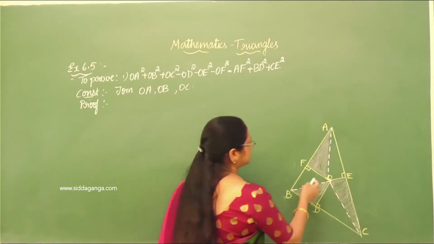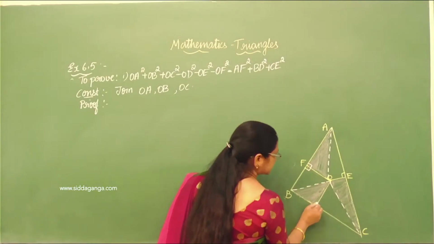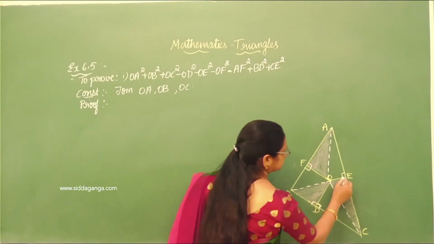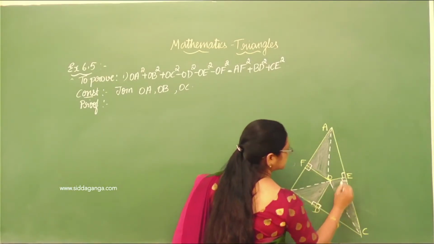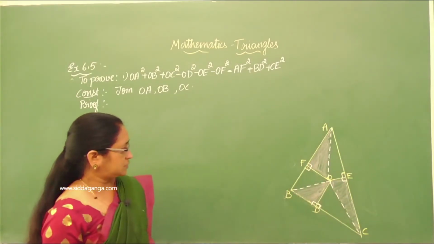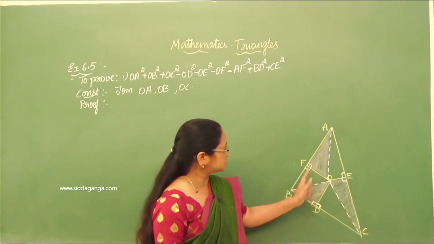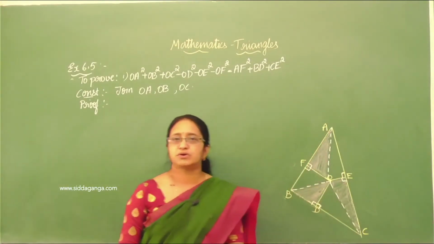This is a right angle triangle. I hope you understood. So we'll take these three triangles first.